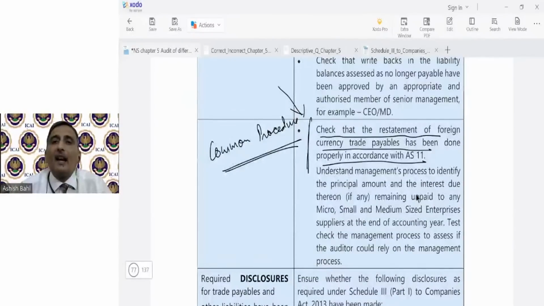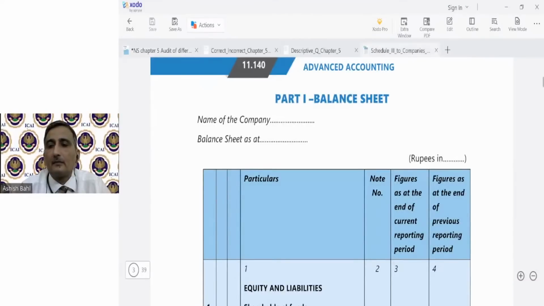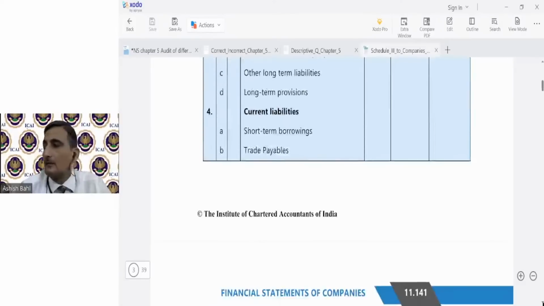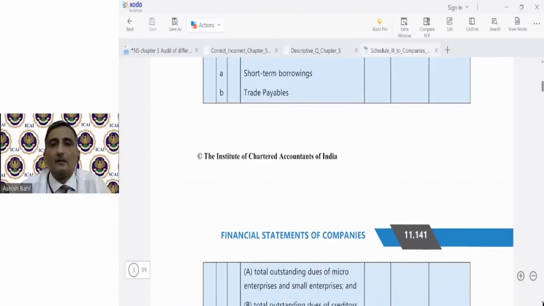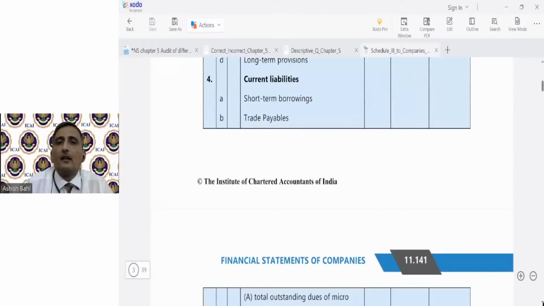Or students, as far as trade payables are concerned, in the balance sheet of a company, as per requirements of division 1 of schedule 3, we see division 1 schedule 3 format of the balance sheet. So this is requirement of trade payables.